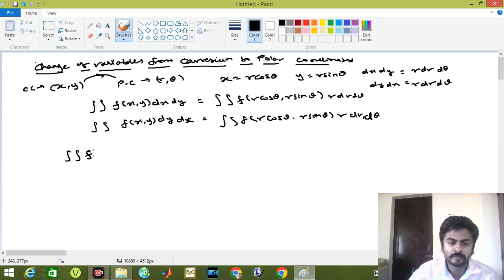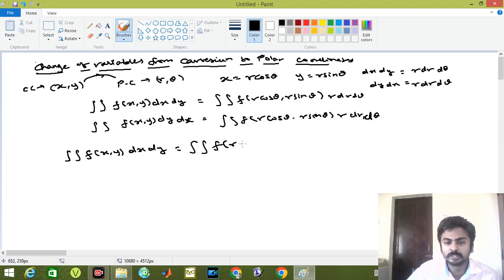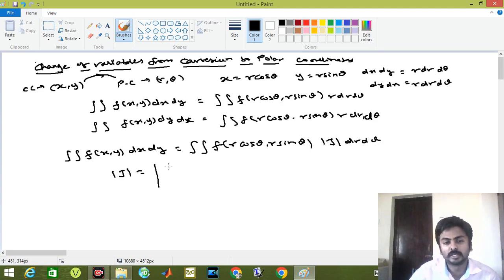So how are you getting these formulas? It is simple. Suppose I am taking double integral f of x comma y dx dy, you will have some transformation, so you will get some Jacobian, f of r cos theta comma r sin theta, into dr d theta, where this Jacobian deals with the transformation from x comma y to r comma theta.